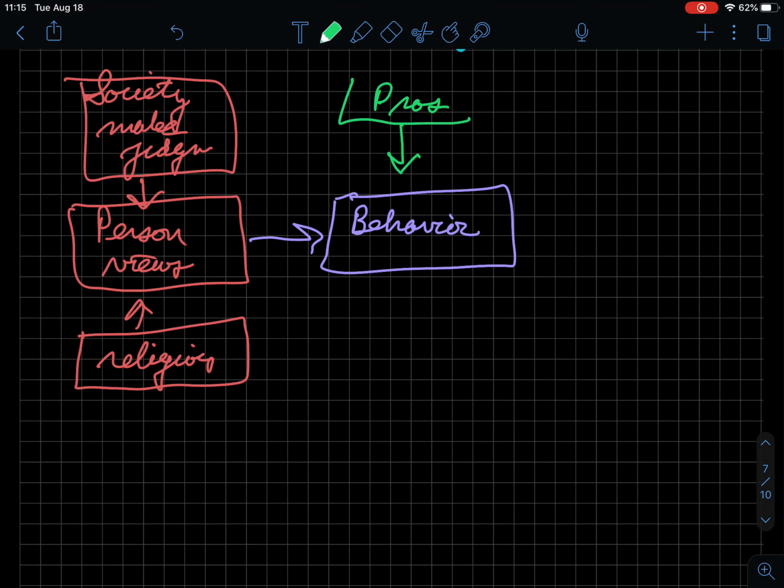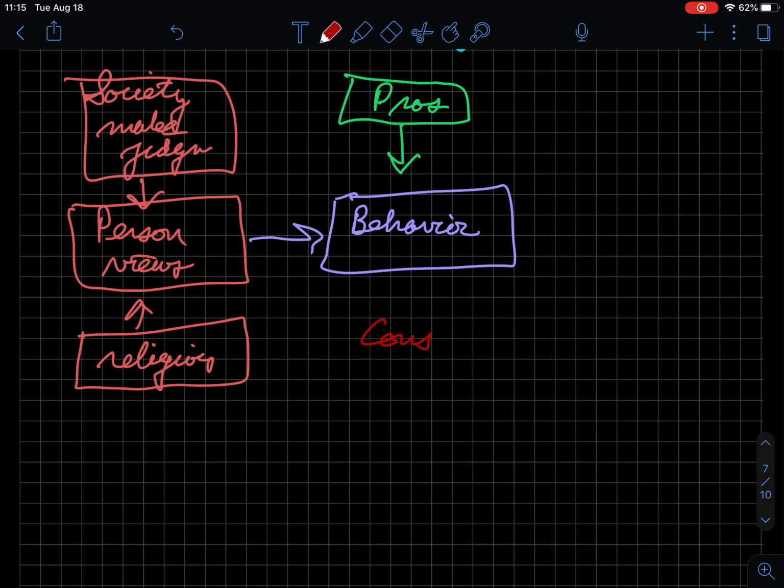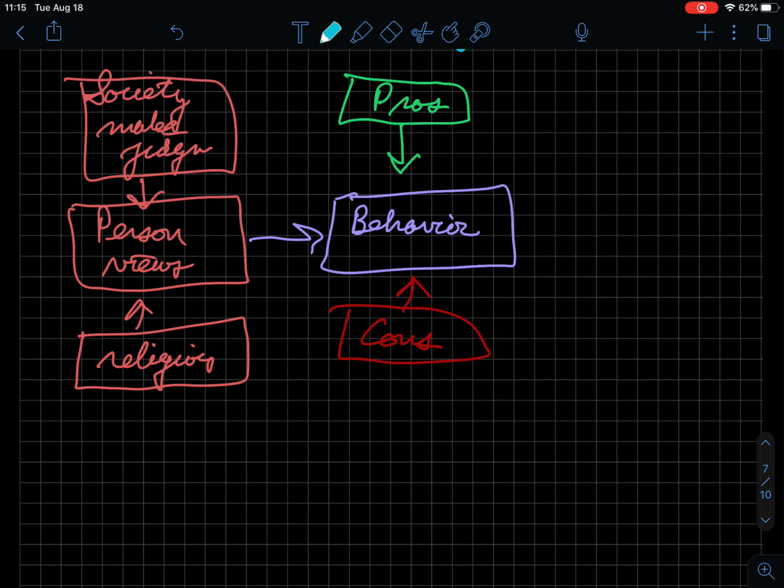We know that the pros of a behavior are working on it. We also know that the cons of a behavior are being influenced, right? And then this leads further into the actual action or behavior.